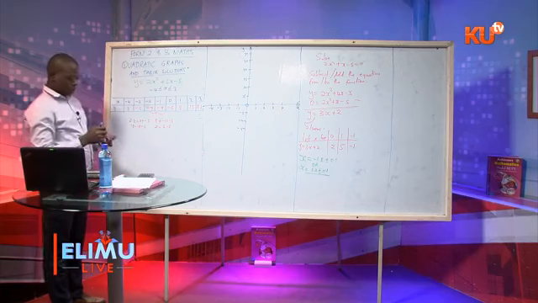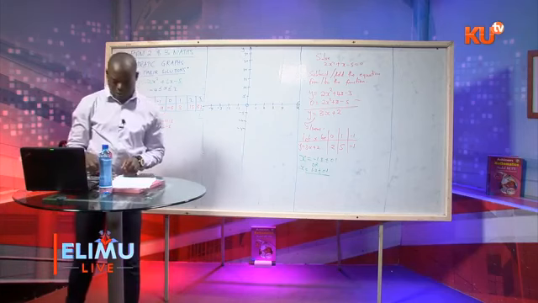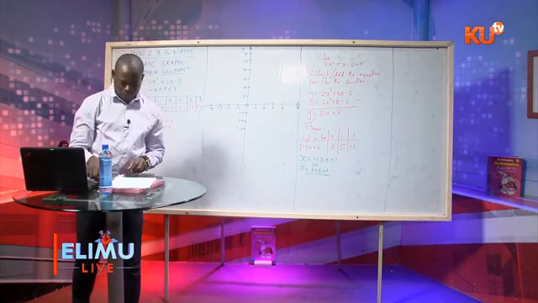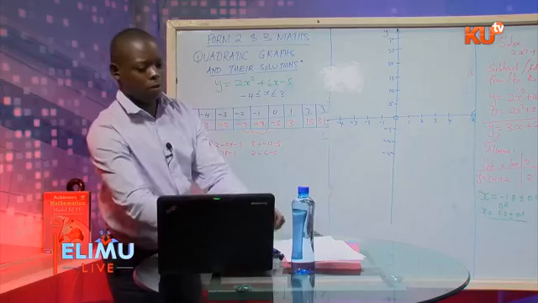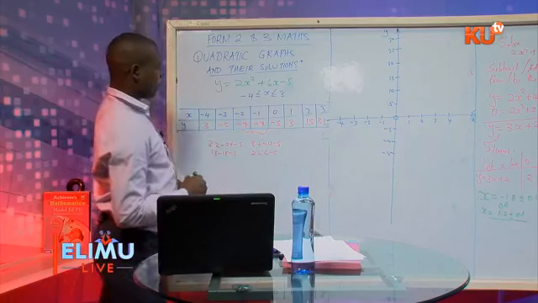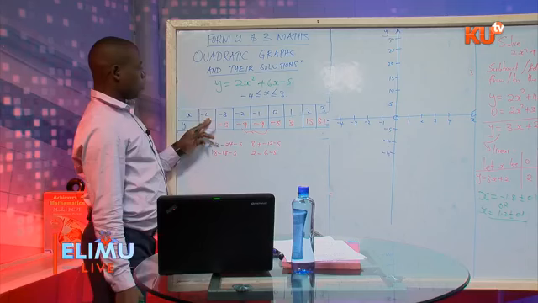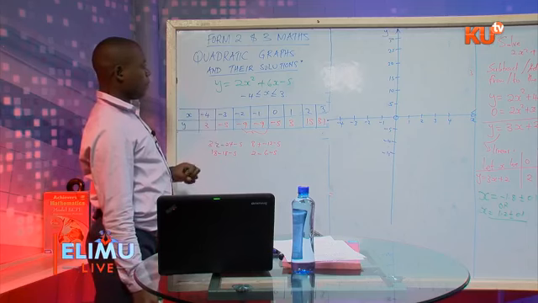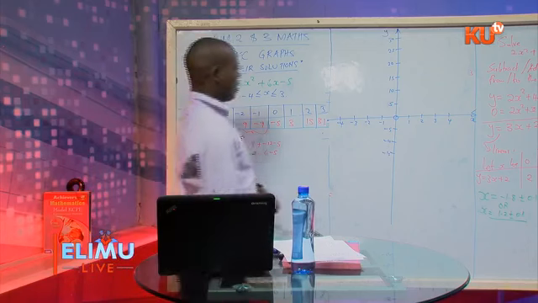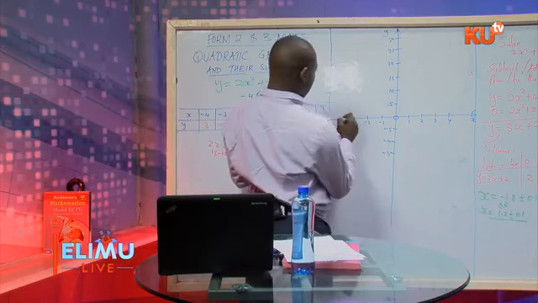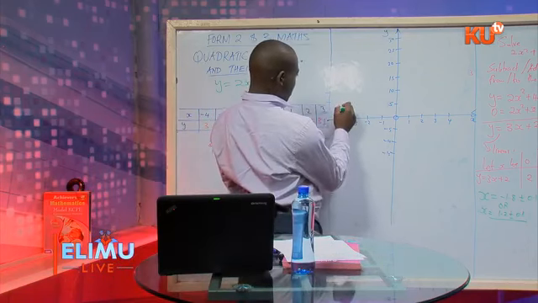Then we plot the values of x against y. When x is negative 4, y is 3, so negative 4 against 3.